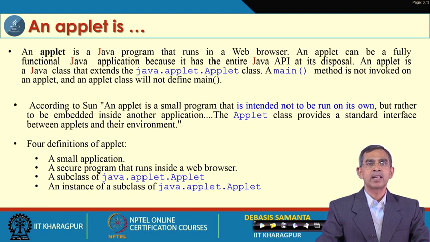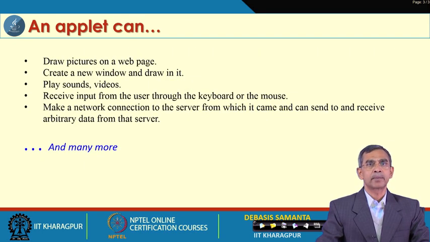It is also alternatively called an instance of a subclass of java.applet.Applet. So this is the different way an applet can be defined. However, core and AWT are not like the applet in this respect.